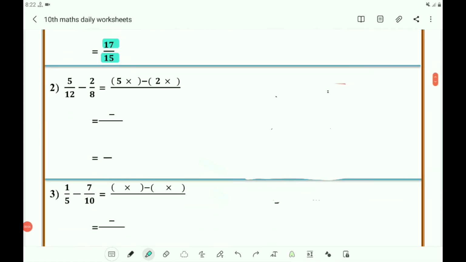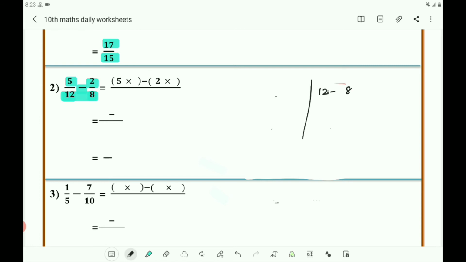Now take the second one, 5 by 12 minus 2 by 18. Here get the LCM of 12 and 18. What is the LCM of 12 and 18? You get it by the method, taking 12 and 18. Divide by 2, and after that, if it is divisible by 3, then also divide by 3.